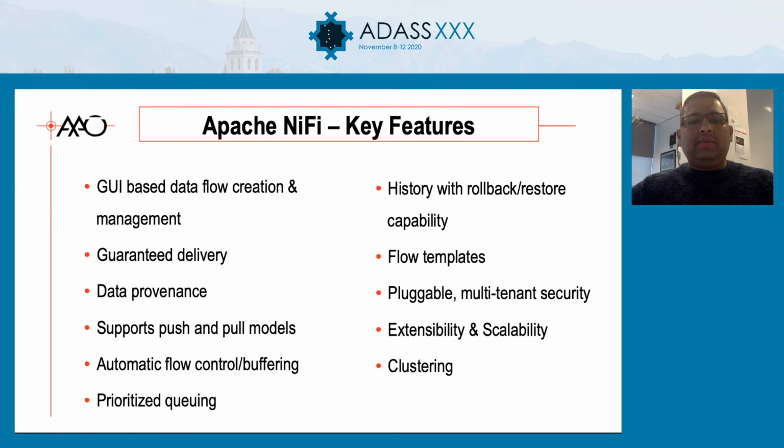No files will be lost. It is guaranteed, and data provenance is given. Each point the data moves through can be traced and tracked, and you can see in real time what is going on with the data files, what is going on with the data.